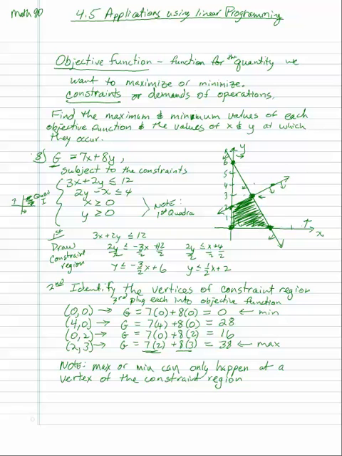So that's your last step. The max for G is 38 and happens at 2, 3. The min for G is 0 and happens at 0, 0.